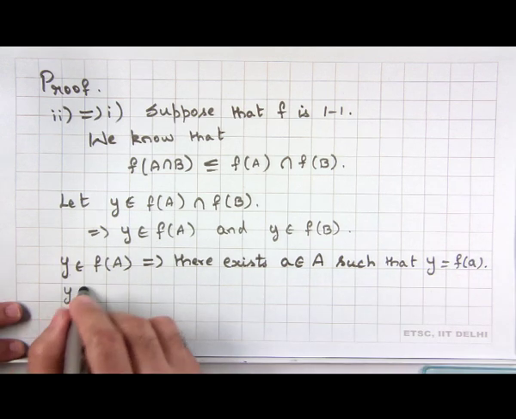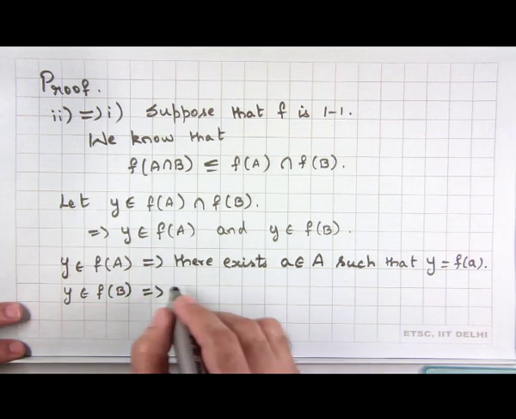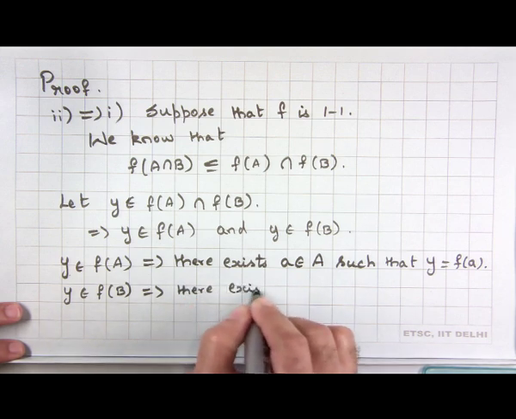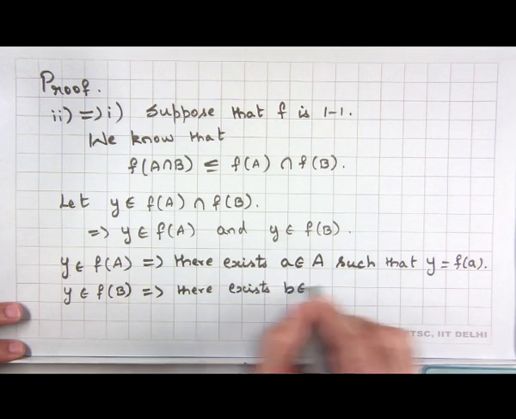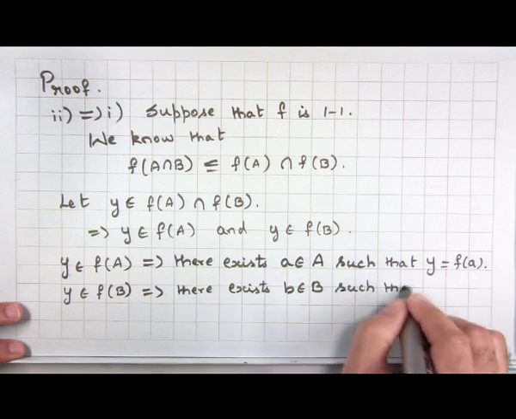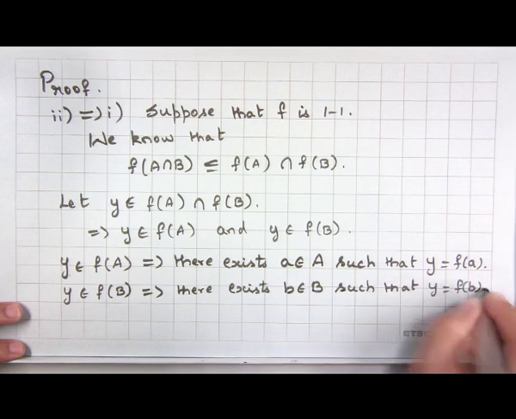Similarly, y belongs to f of B, that immediately implies there exists b in capital B such that y is of the form f of b.